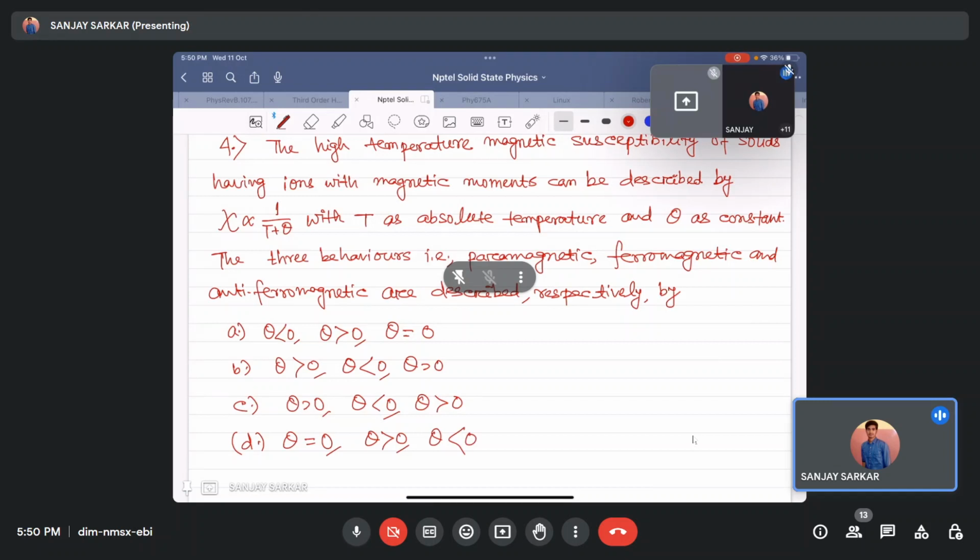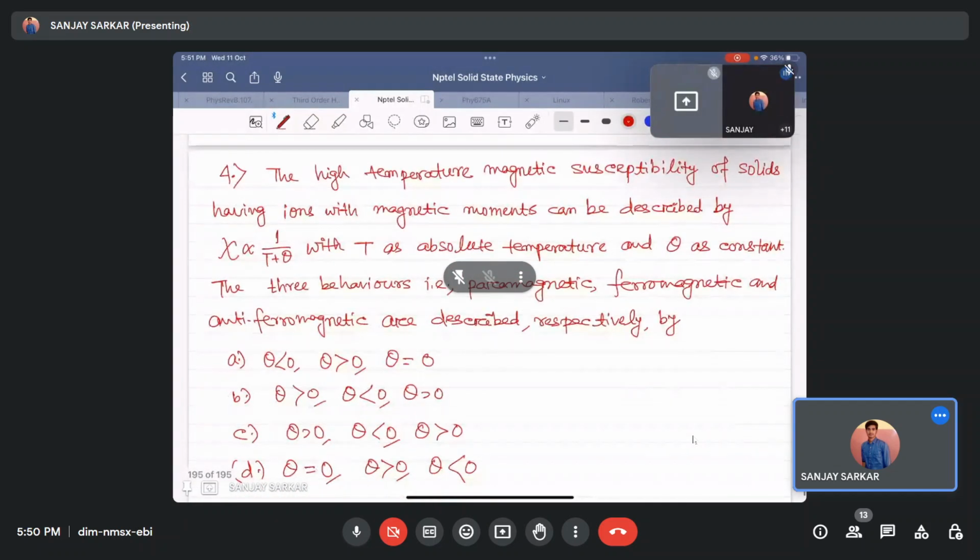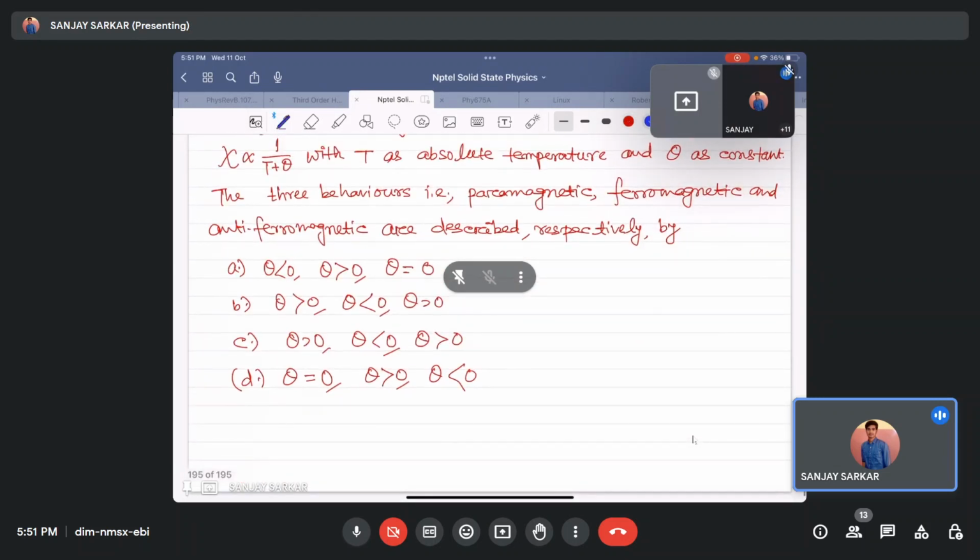So these are the four options. You don't need to do any algebra or numerics here. Just this formula you need to know for chi for paramagnetic, ferromagnetic, and antiferromagnetic. So let me write down the formula.